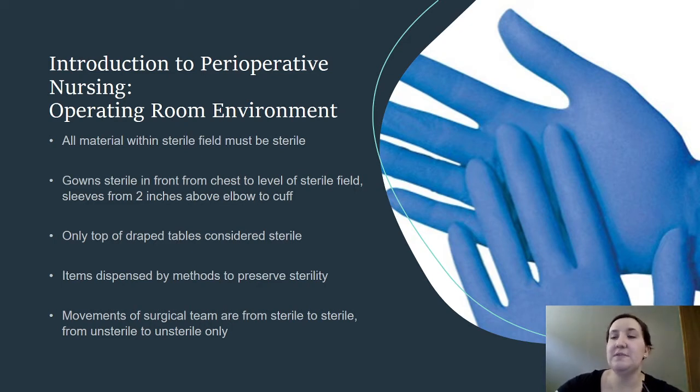We maintain temperatures in the ORs. Those are historically kept a little cold, between 68 to 73 degrees, again, to decrease and discourage pathogens from growing. So, some basic guidelines within the OR environment.